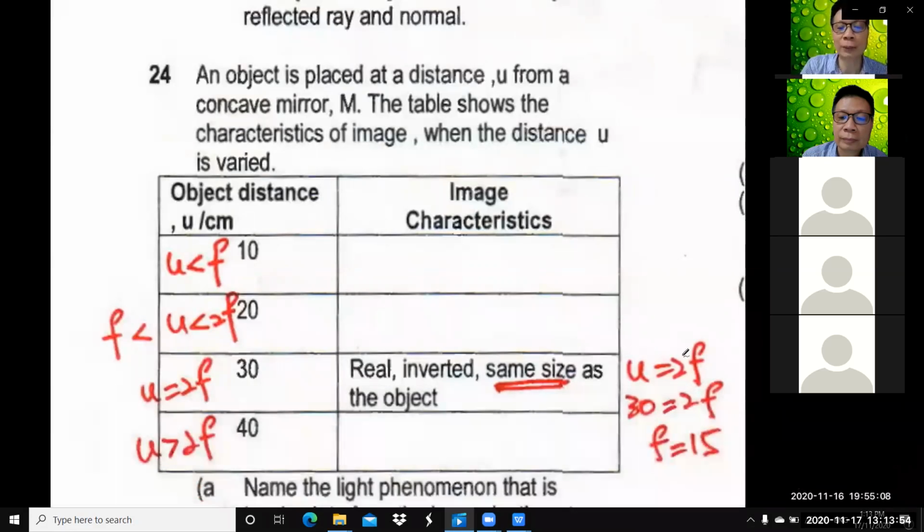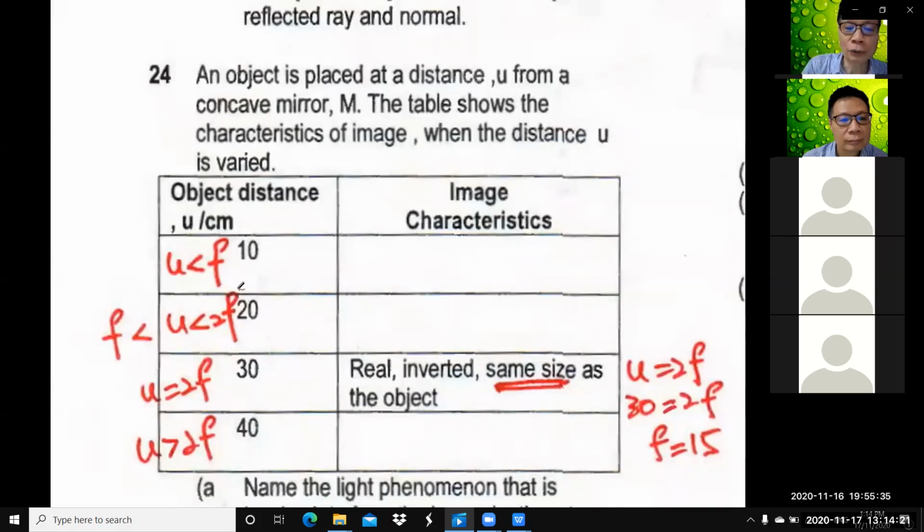Object distance u equals 2f. Object distance now is 30 cm, so you can find the focal length. The focal length is 15 cm. Then you can see here, the focal length is 15 and u is 10. 10 is smaller than 15, so u is smaller than f here. When u is smaller than f, you know the answer here, right? You can refer back to your table and check.